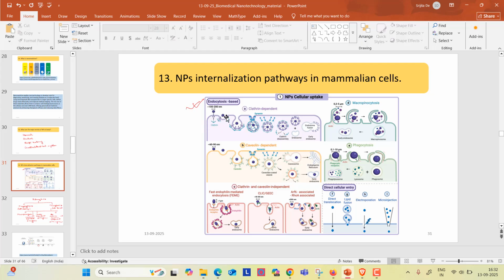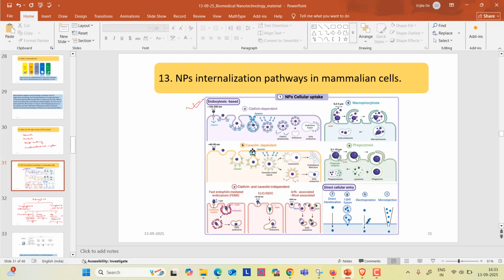Clathrin membrane is forming around the particle. Now this is squeezing the cell membrane and that is pinching off the droplet. Okay. Now this clathrin layer will be disassembled and our target nanoparticle will go into the endosome, right?